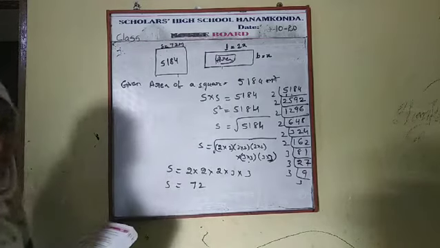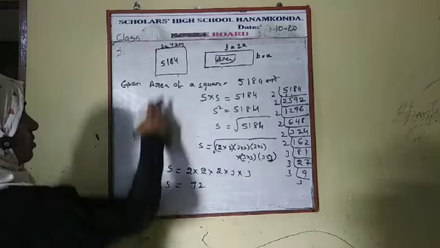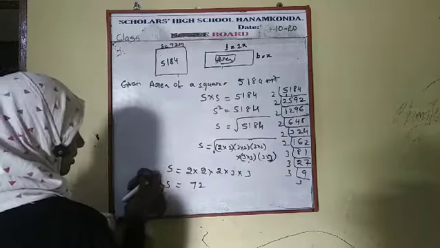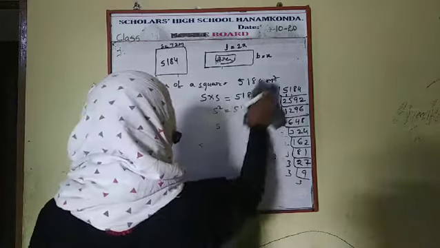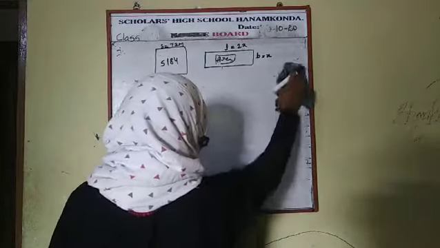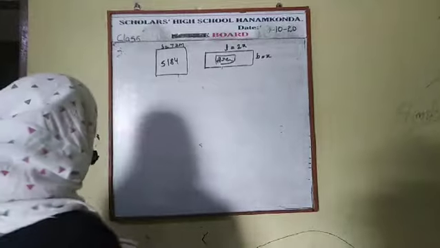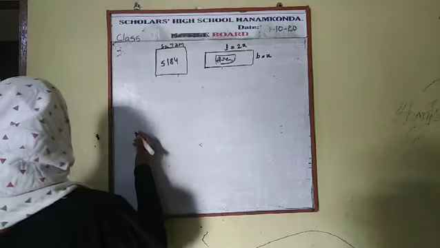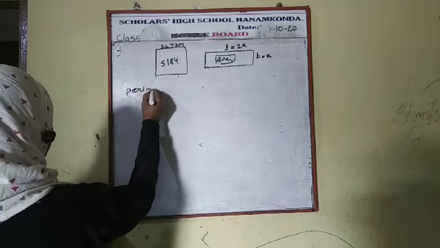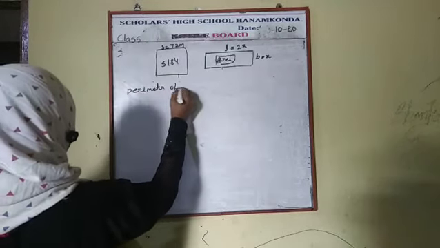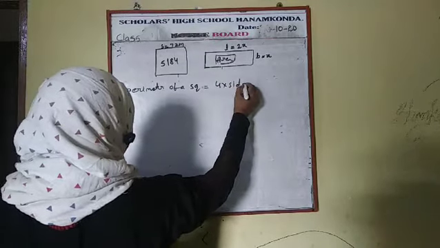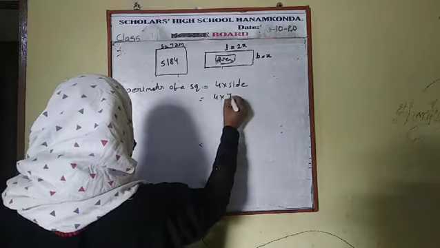Up to here, okay? We are just finding the side of a square. Only the first one is completed. The second one is not completed yet. Now write with me. Perimeter of a square is 4 into side, 4 into 72.